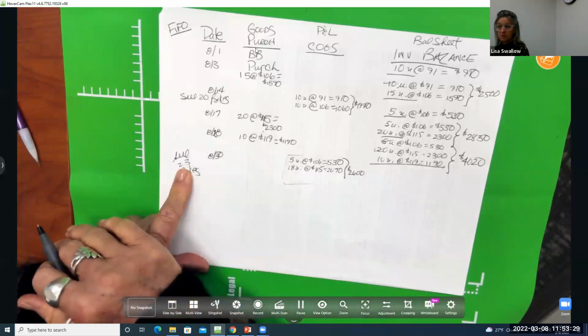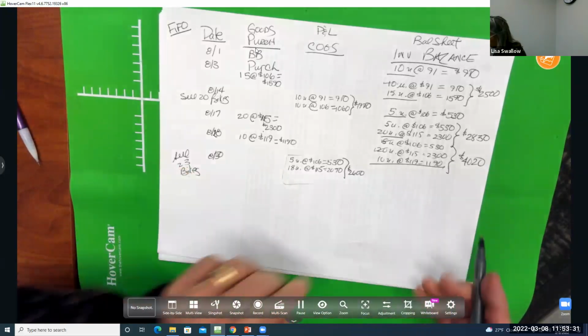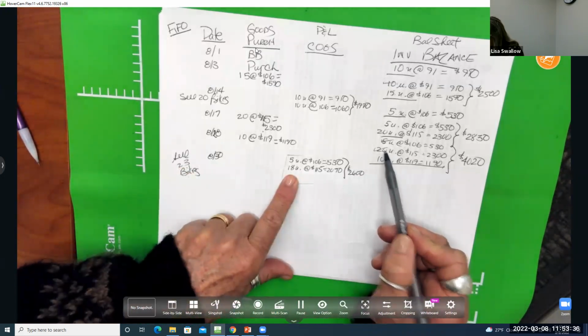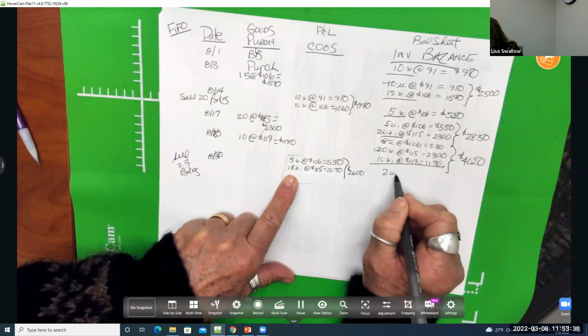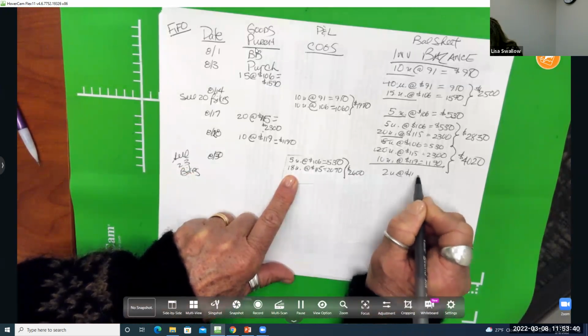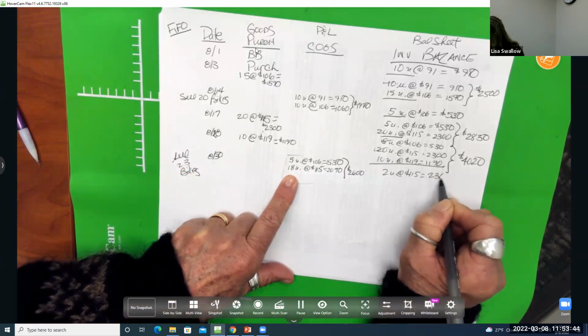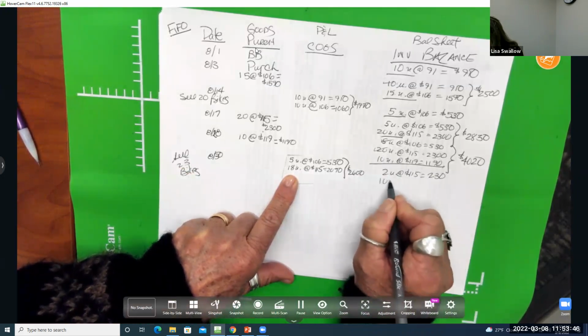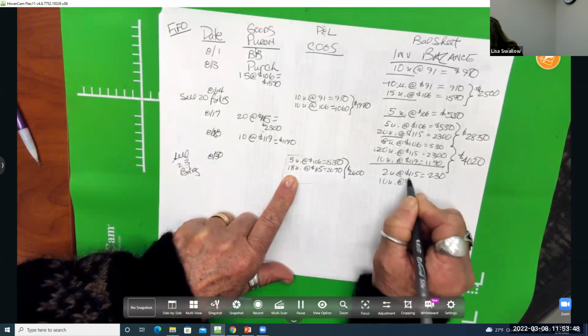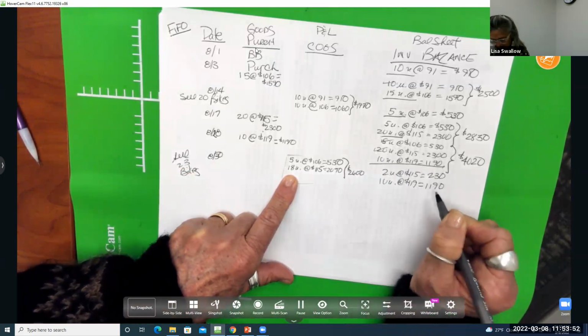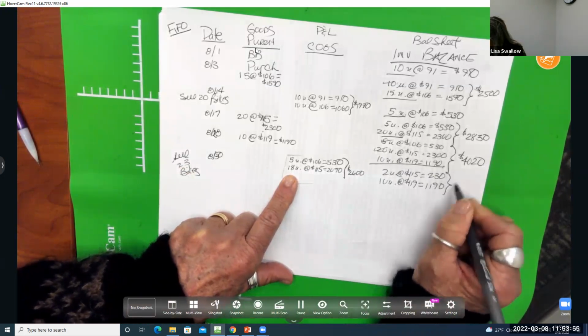Now my COGS was $2,600. What's left in inventory? I only picked up 18 of these, so there's 2 of these left for $230. And there's 10, all 10 of these. And again, this is not physical flow, this is a cost assumption. So 1420.